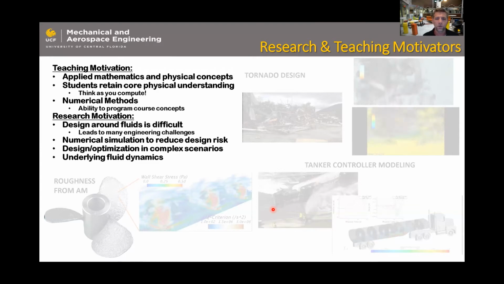And I do this in a way that I also aim for them to understand some of the core physical aspects of the problems. So understand why aerodynamics works versus knowing how to apply the equations. And another thing I like to encourage in my courses is numerical methods. How do you apply computers to efficiently analyze a wide range of applications or problems or scenarios?